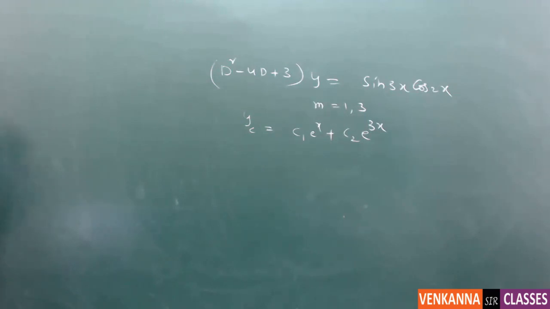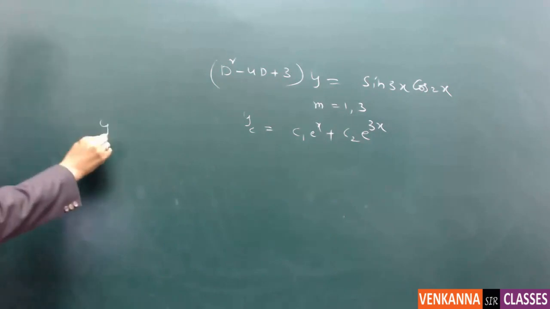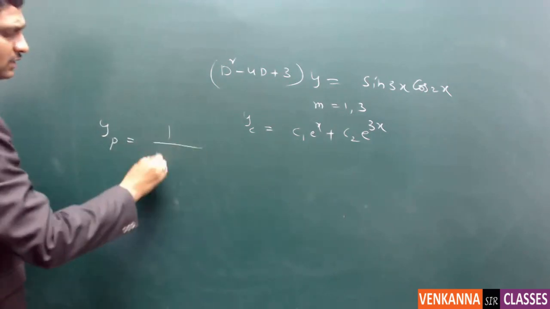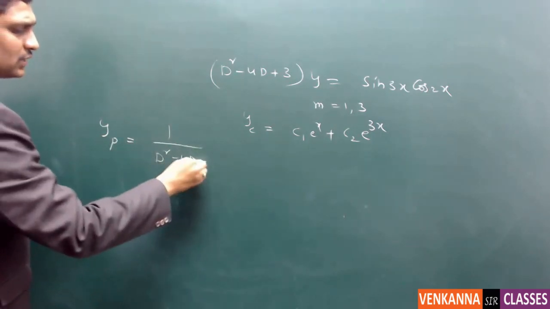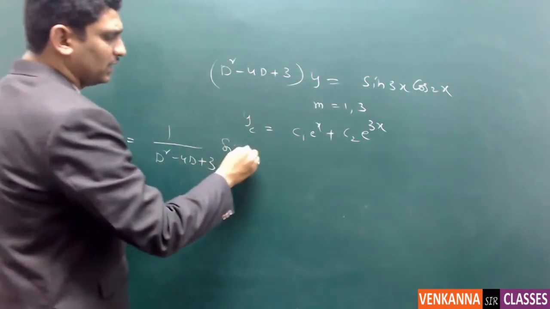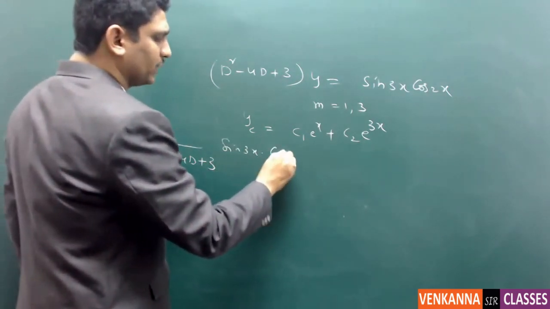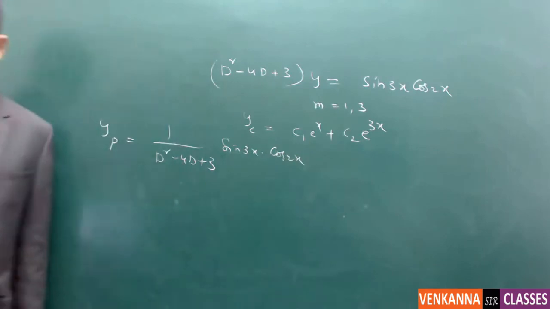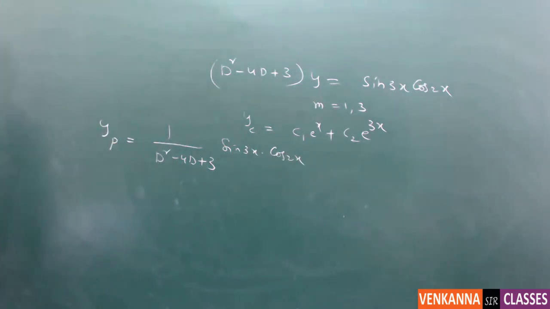Now to determine yp, this is 1 by d square minus 4d plus 3 into sin 3x into cos 2x. So far we have done three varieties. First, power is single, d square is replaced with minus a square.